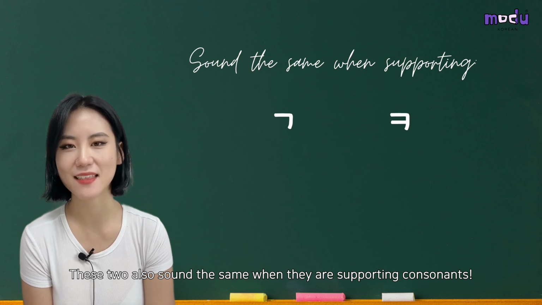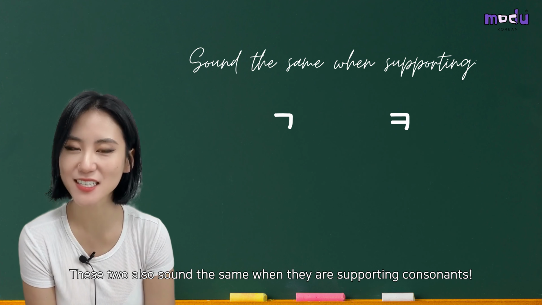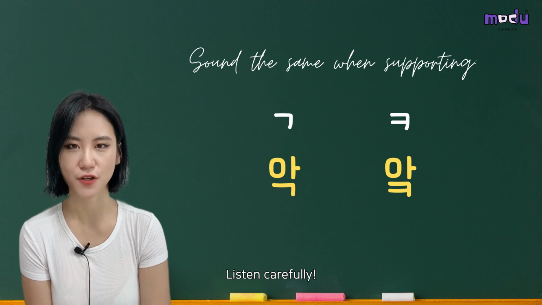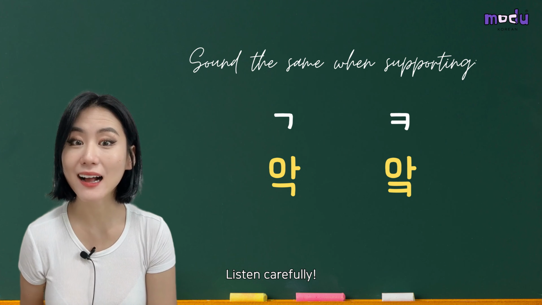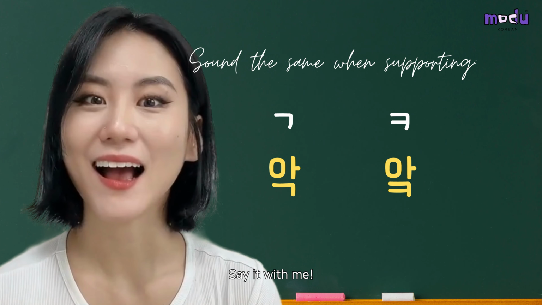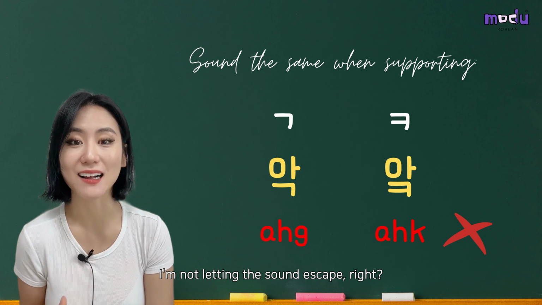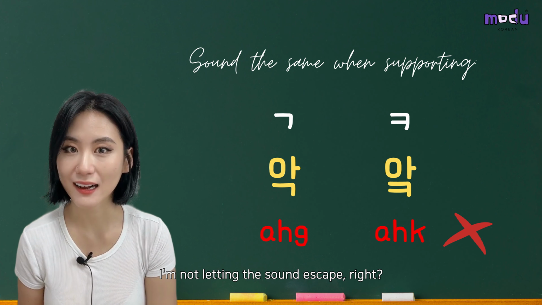That also means that the G consonant and the K consonant will sound the same when they are supporting consonants. So both of these would be pronounced as ak, ak, right? Because we're not going ag or ak, ak.